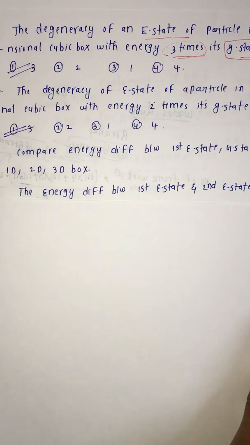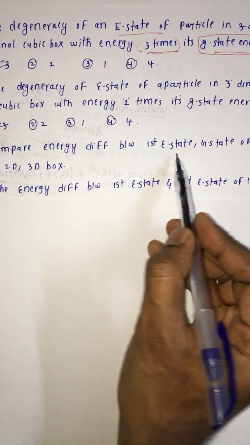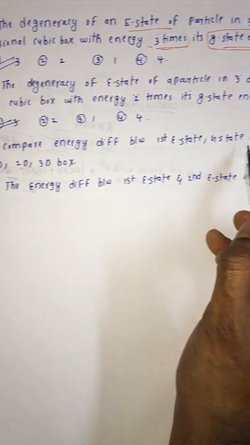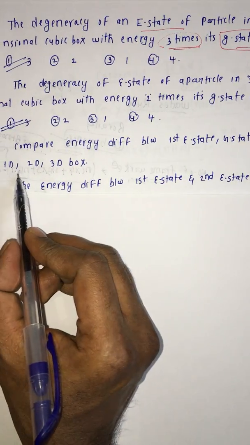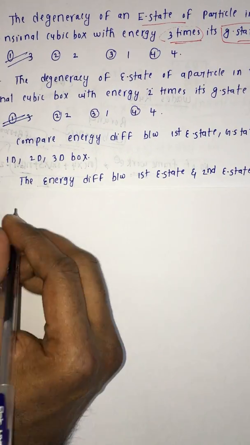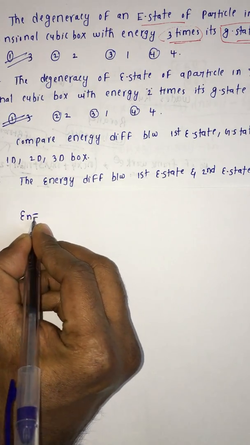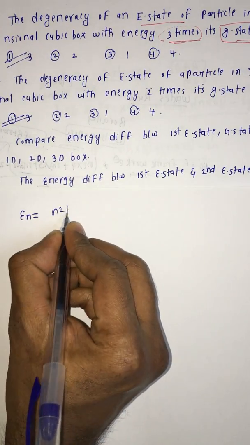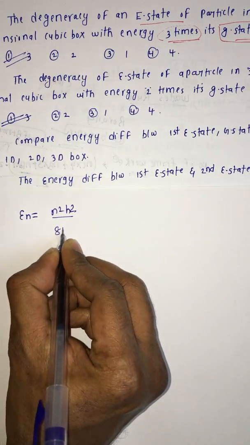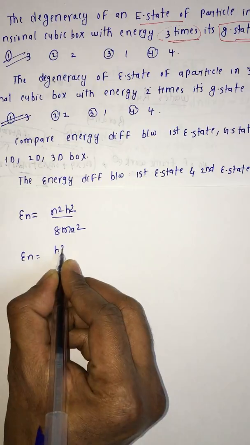Next, compare the energy difference between the first excited state and ground state of 1D, 2D, and 3D boxes. This is for the 1D box: n² h² by 8ma². This is for the two-dimensional box.